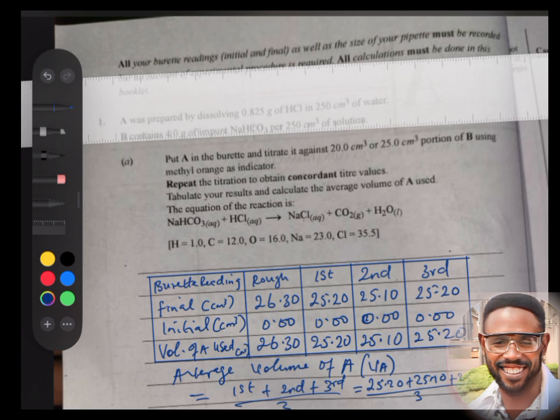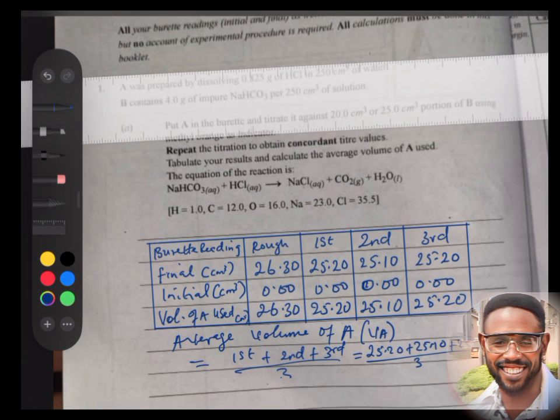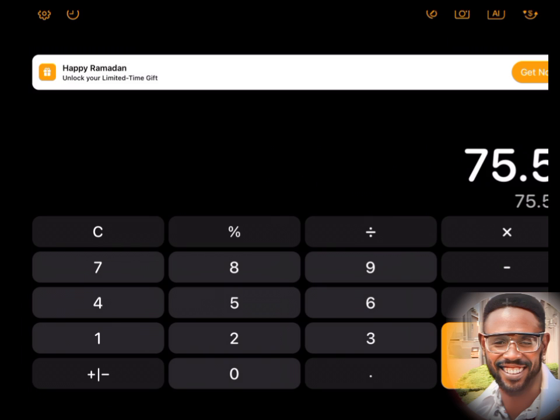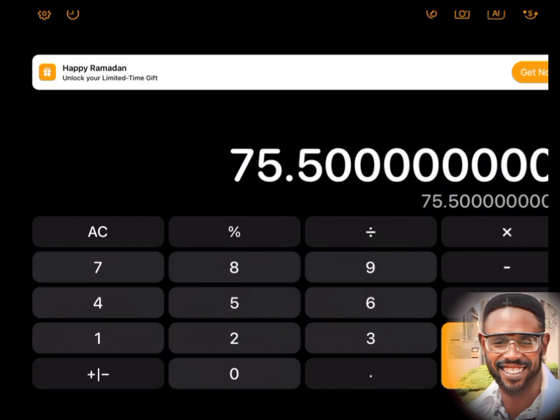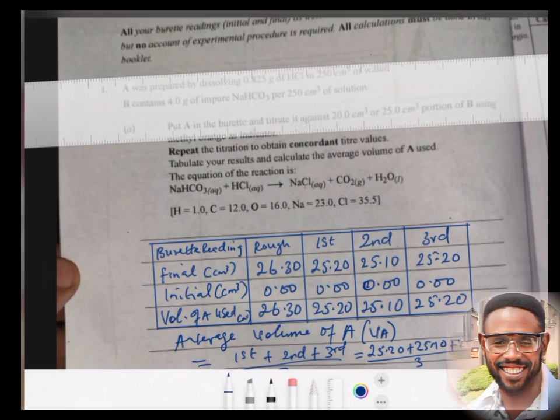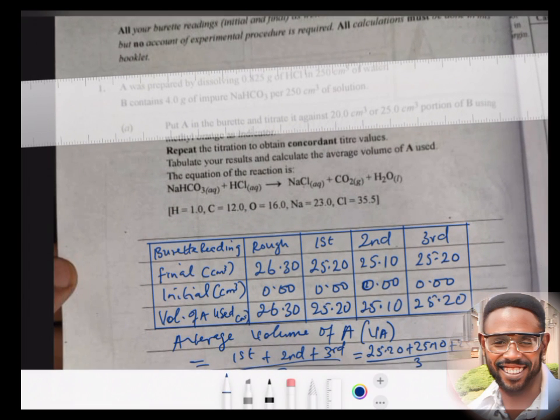At the end we have 25.16, if I'm not mistaken, because this will give us 75.5 in total, divided by 3. So 75.5 divided by 3 is 25.16.